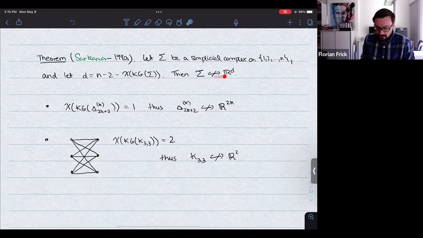Then your simplicial complex does not embed into R^D, for this D, this number. Okay, that's a relatively general non-embeddability result.